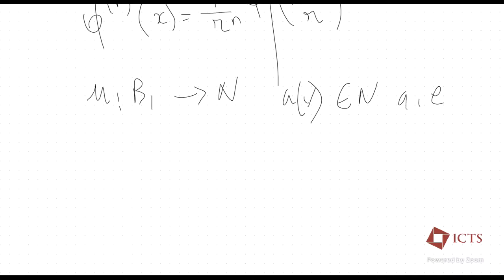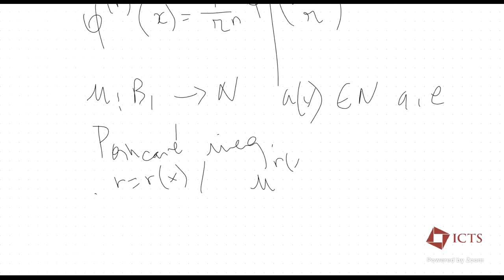But you can prove, and this is basically just a consequence of the Poincaré inequality, that if the energy is small enough, one can find an r, which actually depends on x, such that the map with this r on the ball of radius 1/2 is in a tubular neighborhood of the manifold N. So this means that you can project this map.